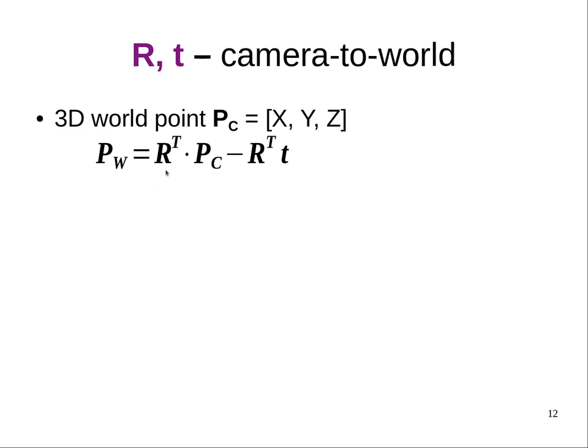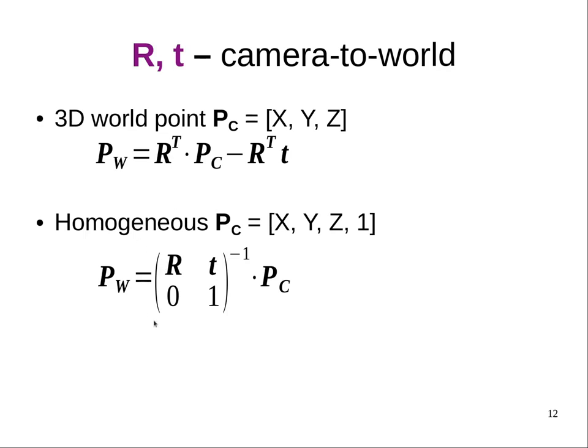We first invert the rotation, like here. Recall that the inverse of a rotation is just the transpose of it, and after we inverted the rotation, we can remove the translation. This is now a slightly more complicated formula, and when we are using homogeneous coordinates, like here, it is slightly more convenient.